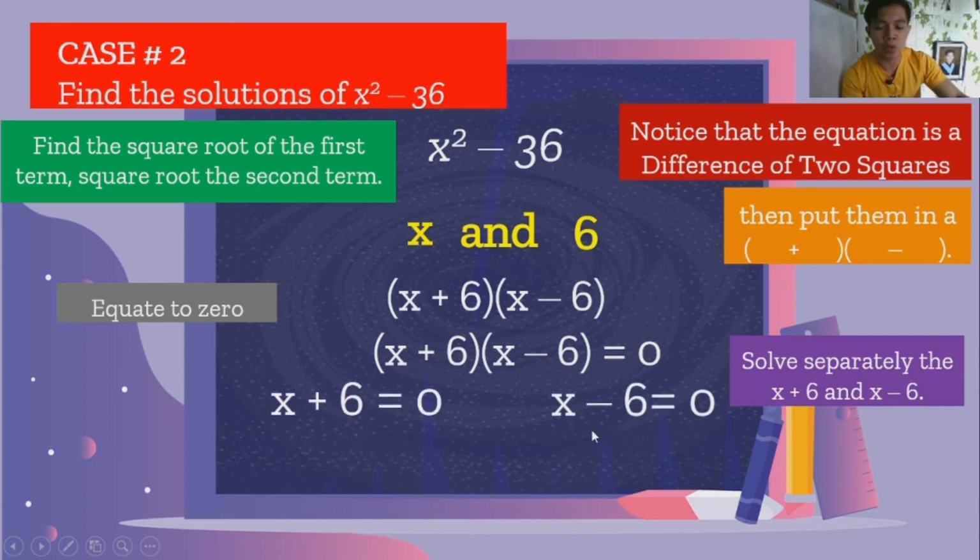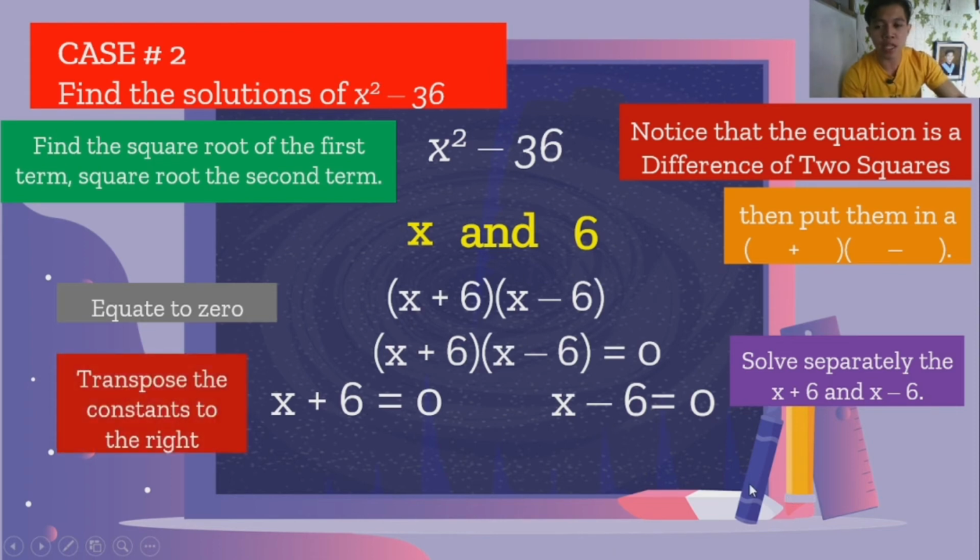And then, this one, no? So, unahin natin yung nasa left side. Transpose the constants to the right, no? Bakit? Kasi x plus 6 yan is equal to 0. Kailangan masolve natin yung x. Paano? Maiwan siya dyan mag-isa. So, anong gagawin mo sa positive 6? Ililipat mo sa kabila. Magiging negative 6. Okay?